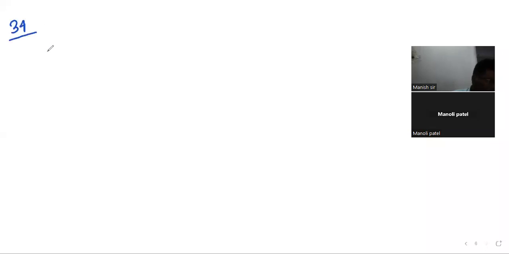Next sum is 34. The hydride ion, H minus, is a stronger base.